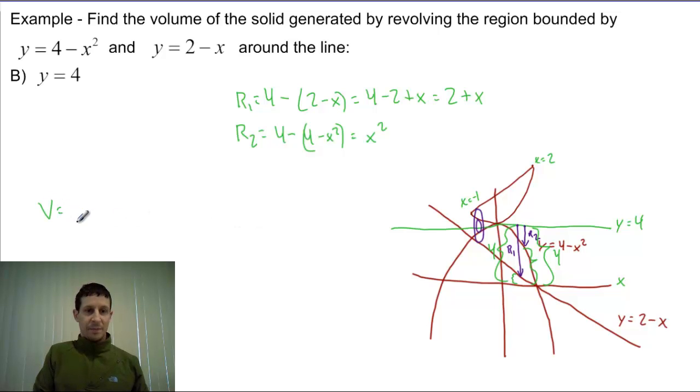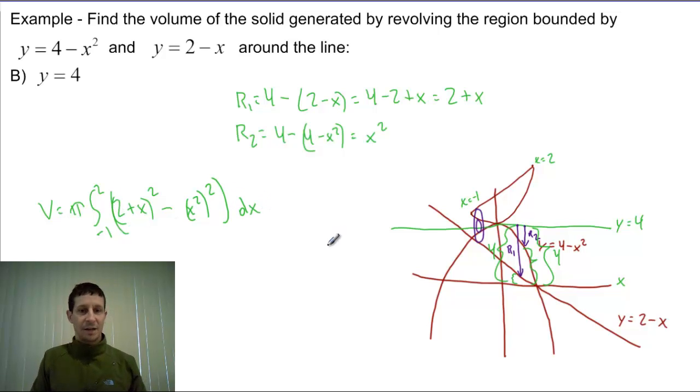Okay, our volume, it's a washer problem, so pi. Our region still went from negative 1 to 2, so there's no new work to do for that part. And we'll just take our outer radius squared, because it's pi r squared, minus another pi r squared.